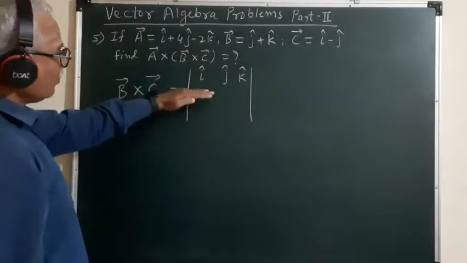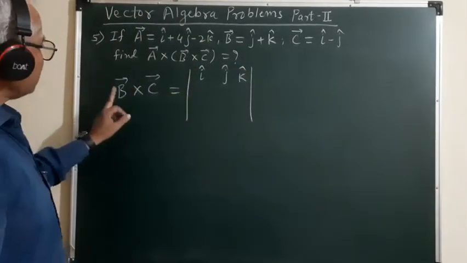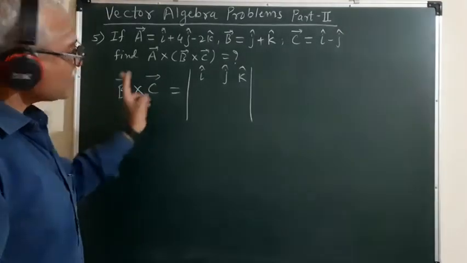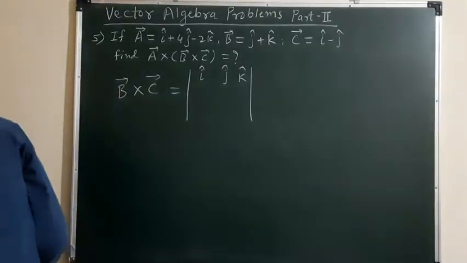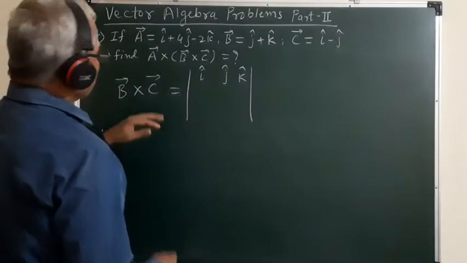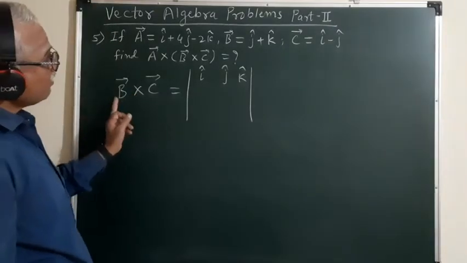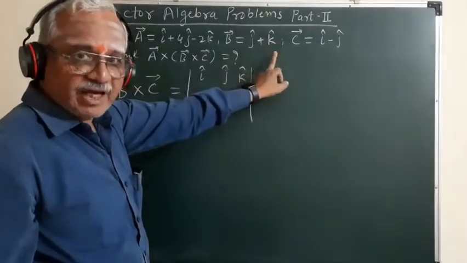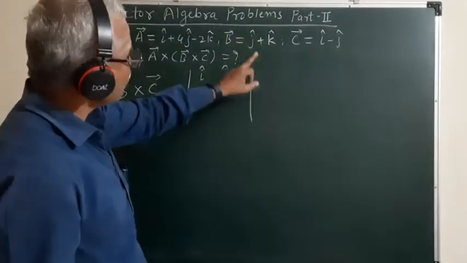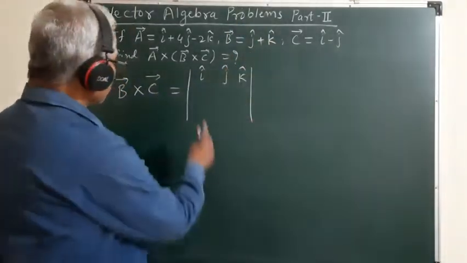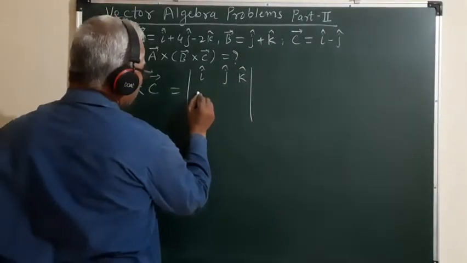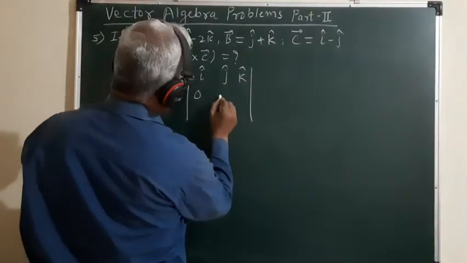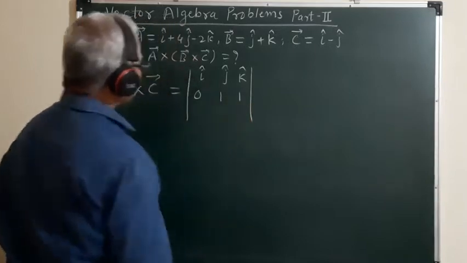The second row of the determinant is the components of the first vector in the product, and here the first vector in the product is b bar, and b bar is expressed as j cap plus k cap, so that the coefficient of i cap here is 0. So the second row of the determinant will be 0, 1, 1.